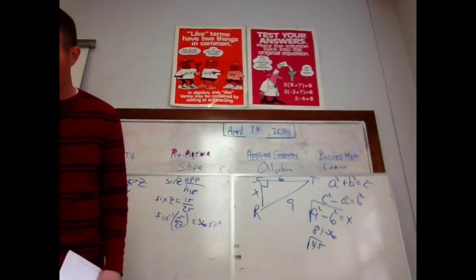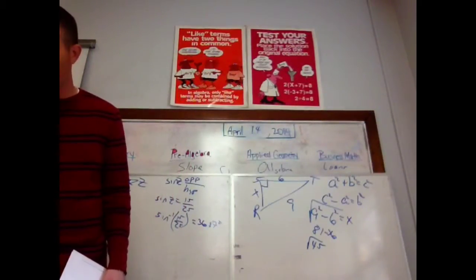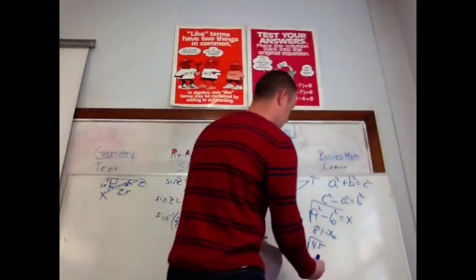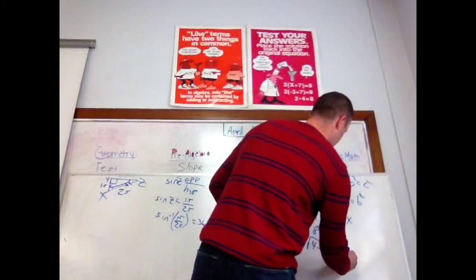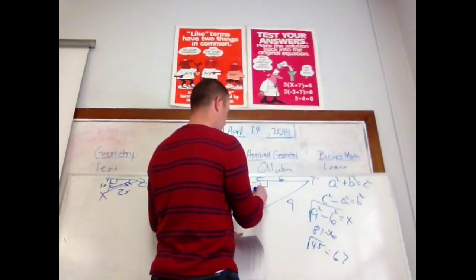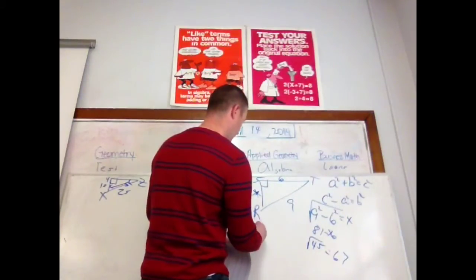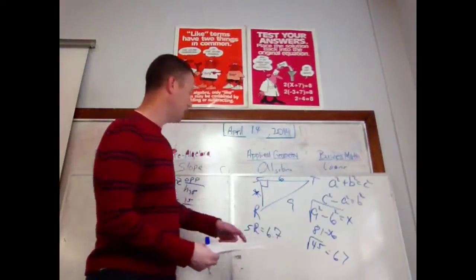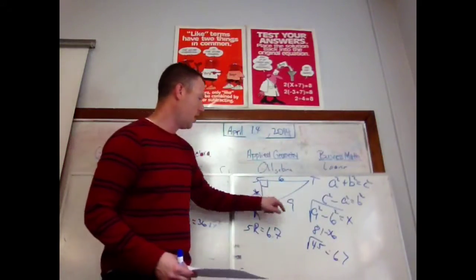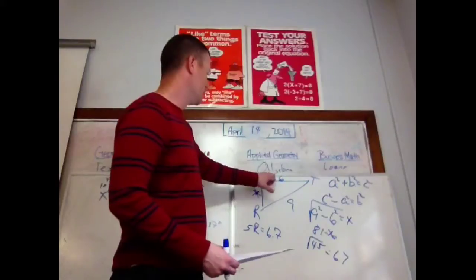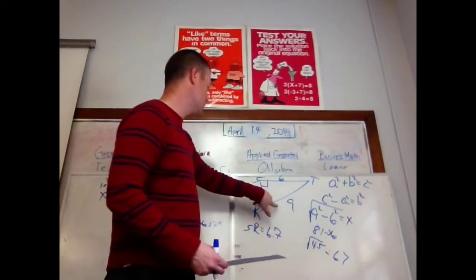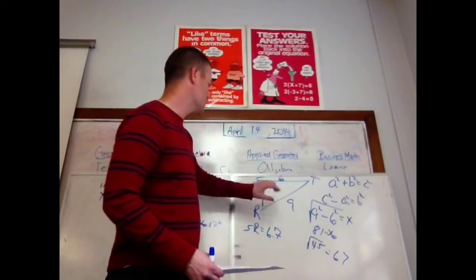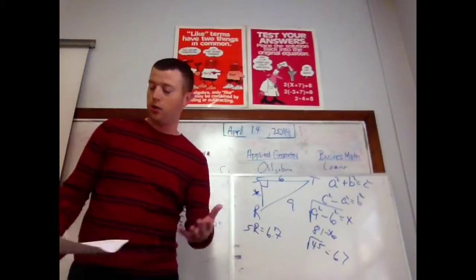Second square root 45 is equal to 6.71, or 6.7. So we know SR is equal to 6.7. Which works, because these two are bigger than this one, and this is bigger than that one. So it happens to work.